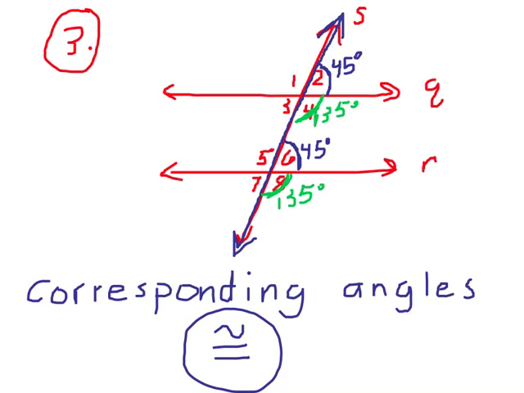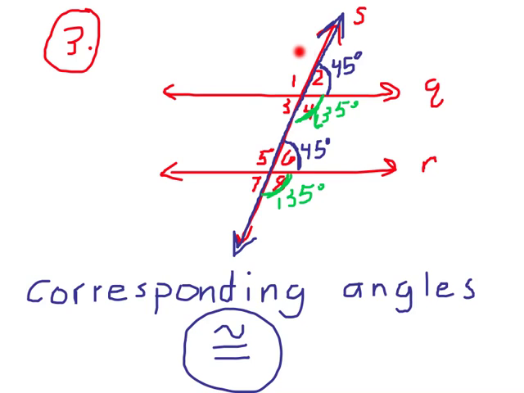Now, learning what you just learned in the previous two questions about vertical angles, angle 4, which you can barely see, right here. Angle 4 and angle 1 are what type of angles? 1 and 4 are called vertical angles. Therefore, they're congruent.